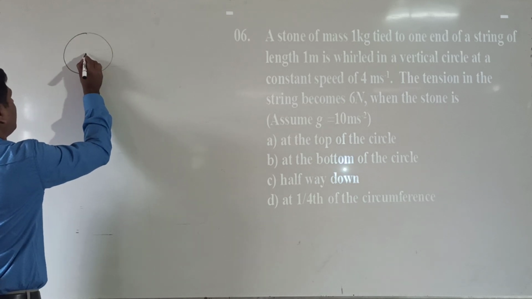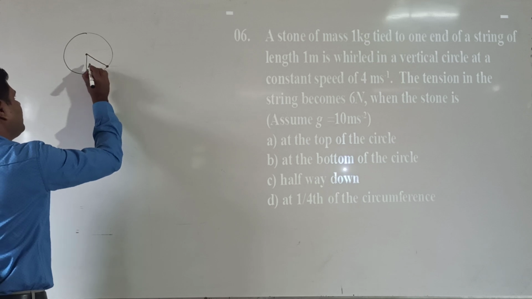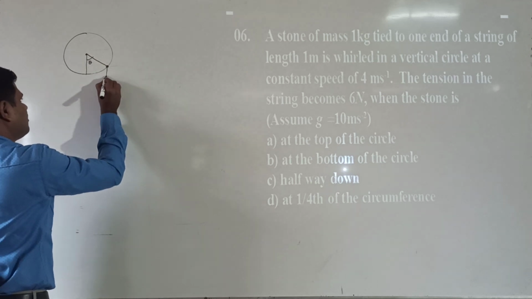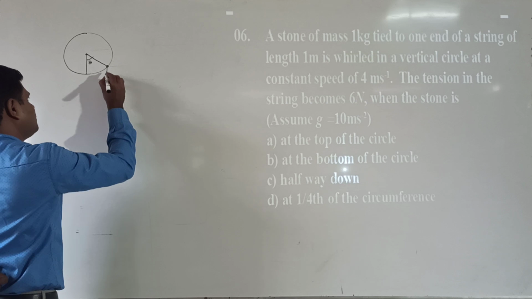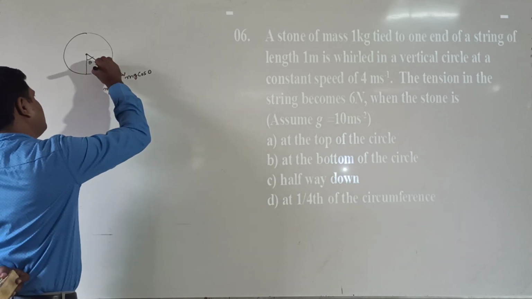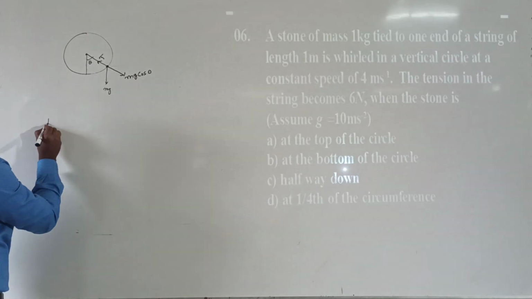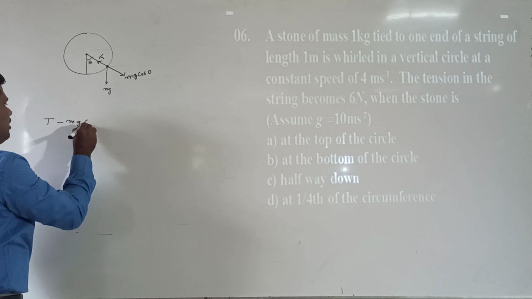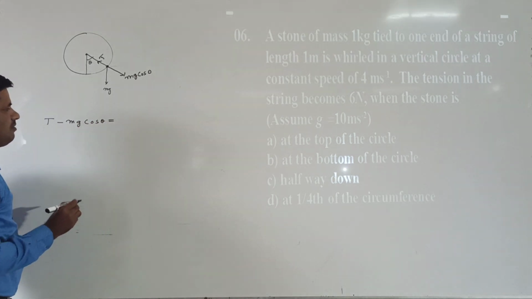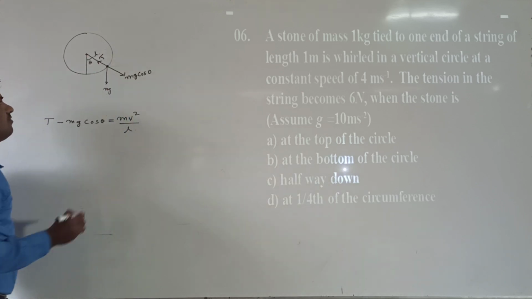This is the stone, this is the theta, this is mg, and this is mg cos theta. This is the tension. Now T minus mg cos theta provides the centripetal force, which is mv square by L. L is the length of the string.